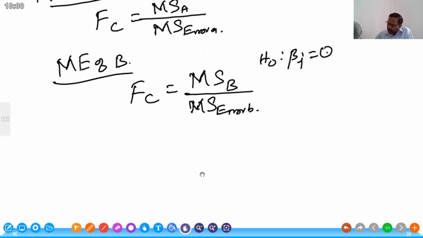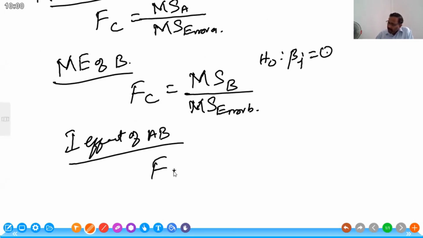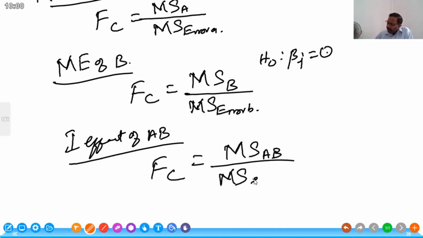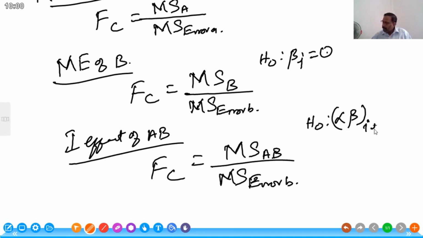Then the third one, the interaction effect of AB. The calculated value is mean square of interaction AB divided by mean square of error B.